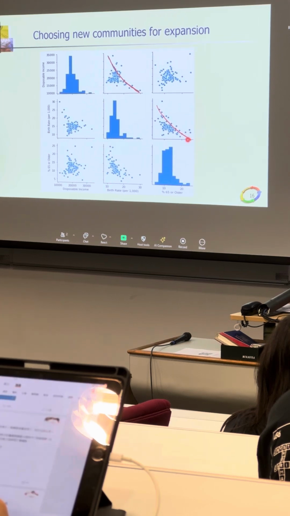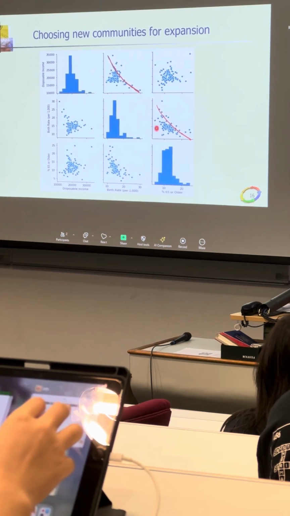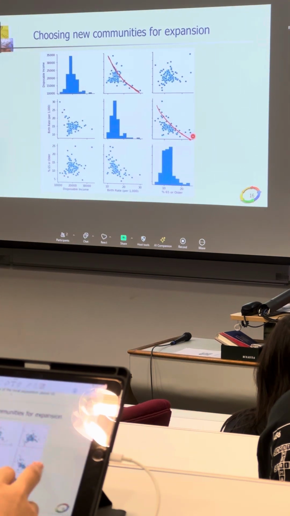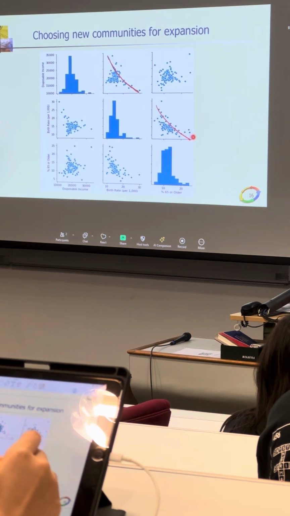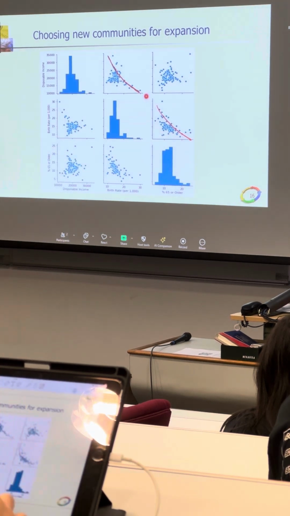If you choose the location that is high at the birth rate, then the percentage of 65 or older will be small. That is natural. If a community has lots of old people, then the community will have fewer newborn babies, right? So that is a negative relationship.